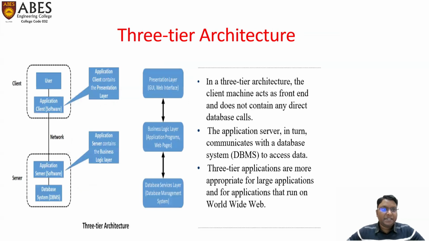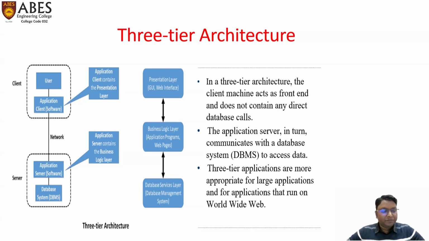Now, three-tier architecture. In three-tier architecture, there is an additional middle layer for business logic between the application and the database. So this is very important. Three-tier architectures are very common, and they are used for large applications and applications that run on the World Wide Web.